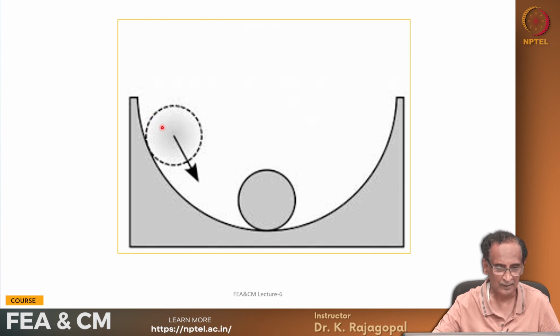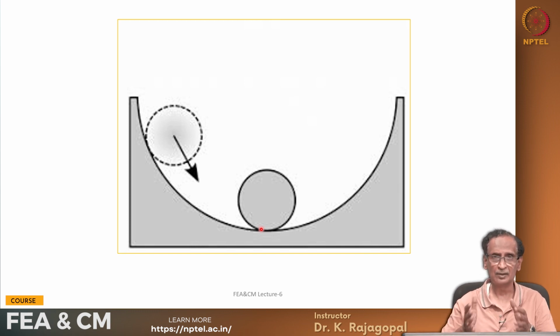Or we can say that as you move it, its potential energy is changing. But imagine the same marble at the bottom of this bowl, and just move it a little bit to the left or to the right, its potential energy is not changing. So, we can say that that is the most stable position for the marble with respect to the bowl.